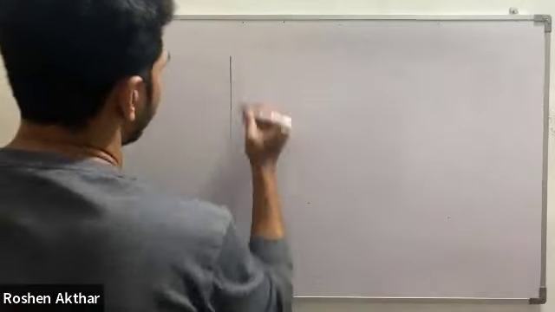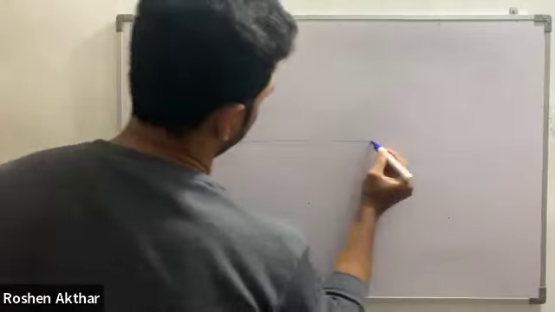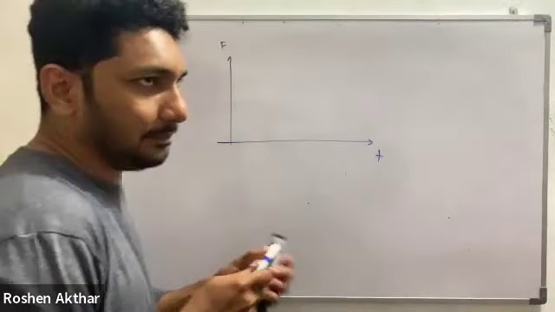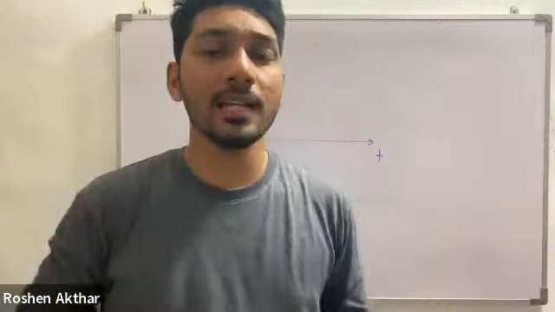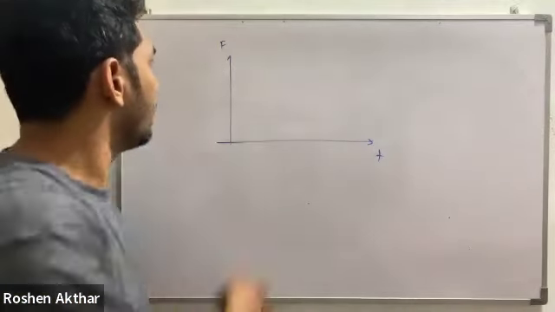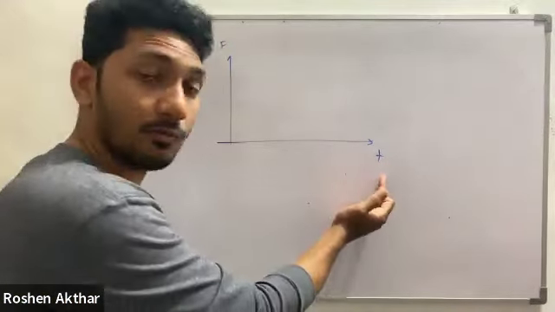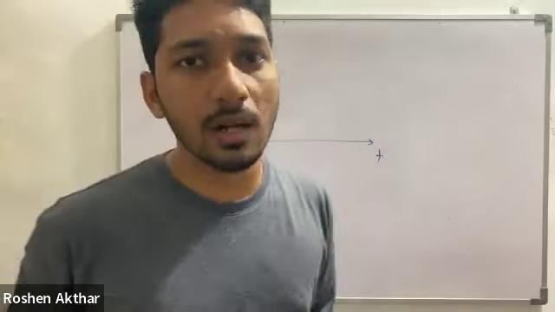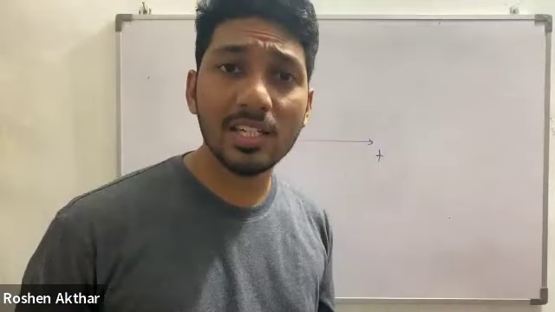If you have a force-time graph, you have to look at force as the rate of change of momentum. When you have a graph with time, if you take the area under the graph, it will give you the change of momentum.